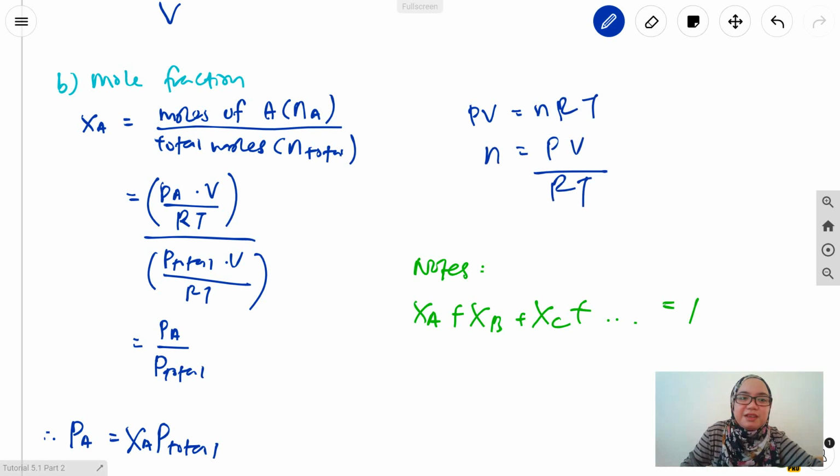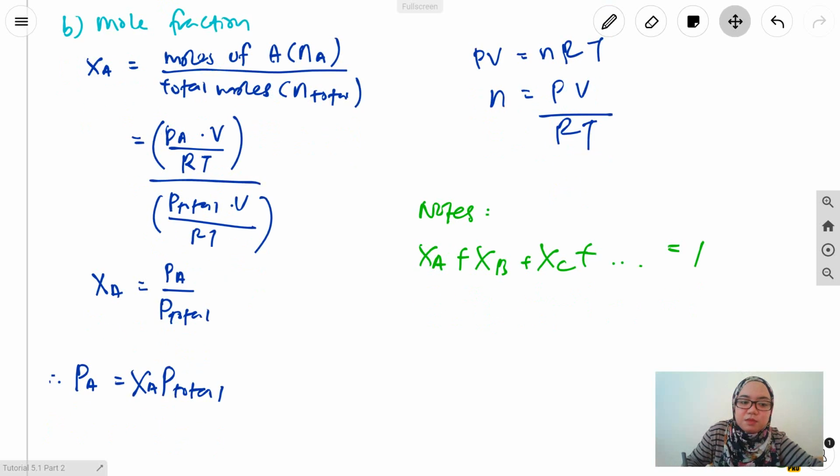So XA equals nA over n total, which is PAV over RT divided by P total V over RT. V and RT are the same, so we cancel and get XA equals PA over P total. This means the mole fraction of A equals the partial pressure of gas A over the total pressure.